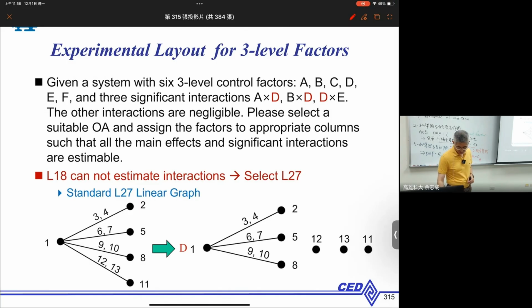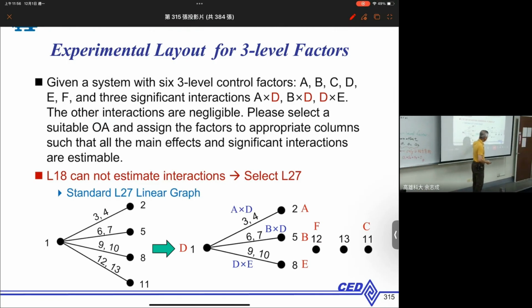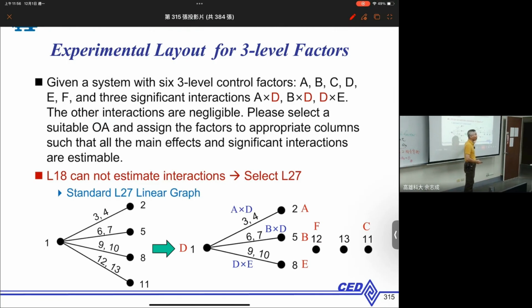So here, you just assign D here, ABE to 2, 5, 8, and the rest of the factors in columns 11 and 12. And you can see we can modify the original linear graph and create more dots by using those unused or negligible interactions.